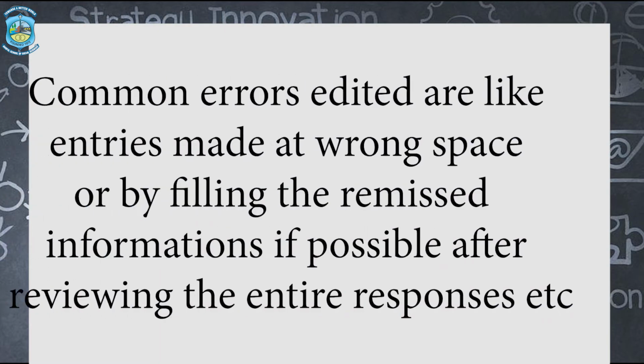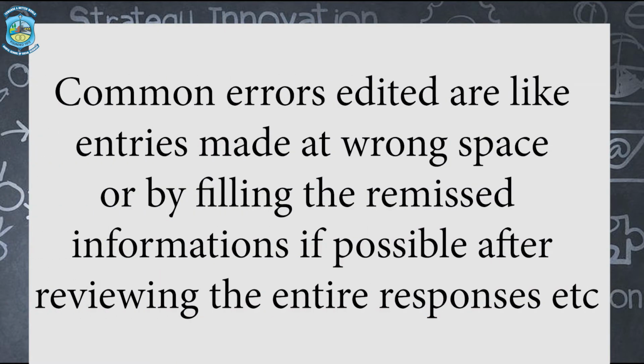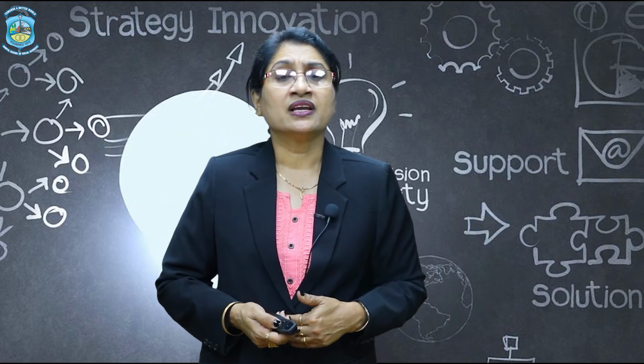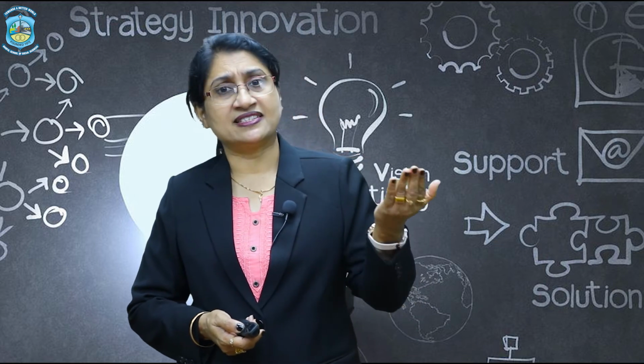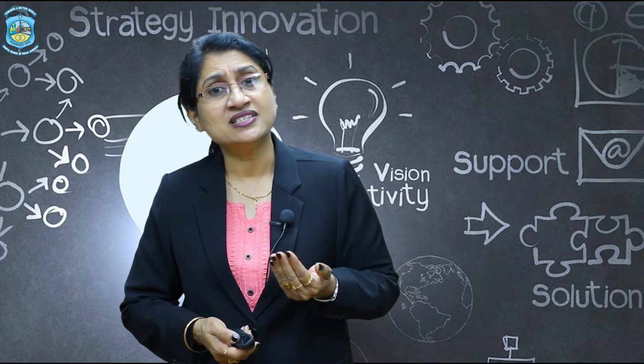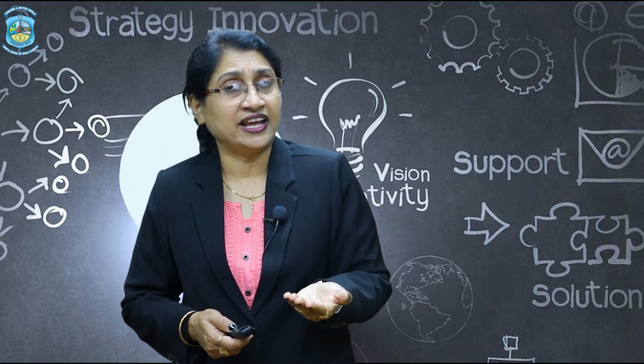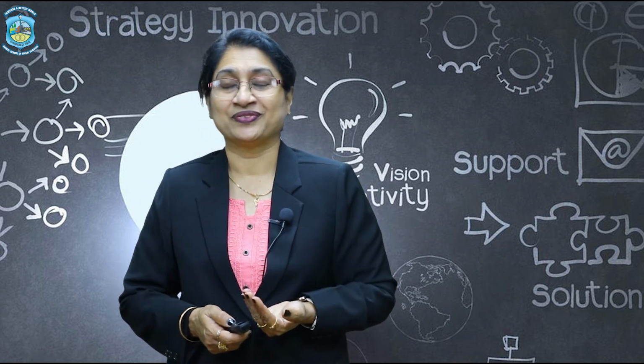Common errors the editor corrects are entries made at a wrong space, or filling in missing information if possible after reviewing the entire responses. At the time of retrieving essential information, the respondents can also be contacted for any kind of clarification.